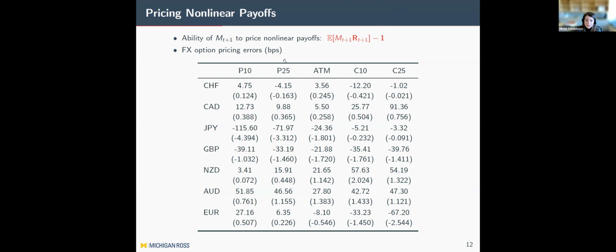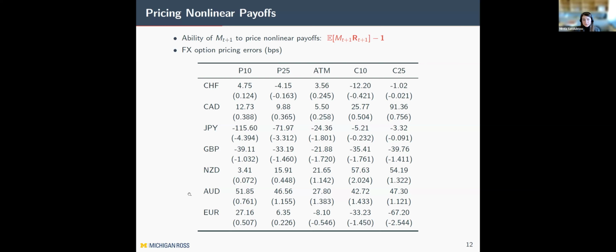And I'm reporting here their pricing errors in basis points. In the foreign exchange option market, we only have 5 strikes. This is customary in this market. We have puts and calls at the money and puts and calls with a delta of 10 and 25 respectively. And again, we are going to have 7 different bilateral pairs.